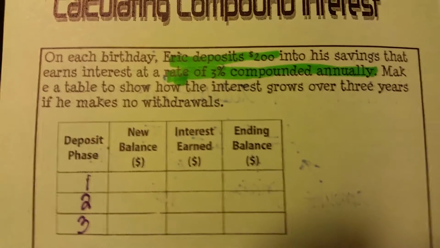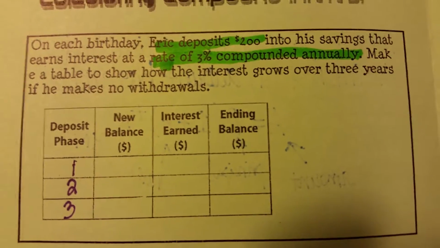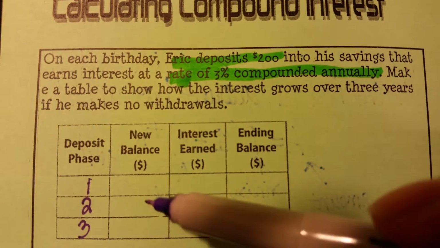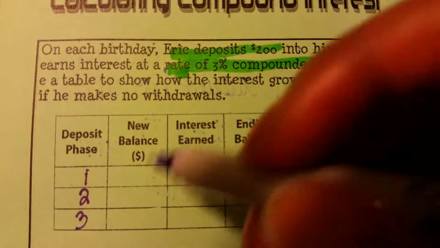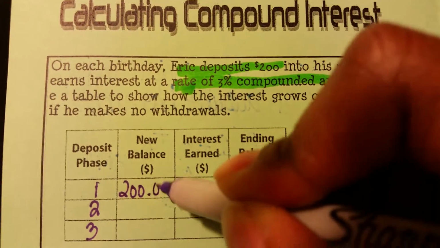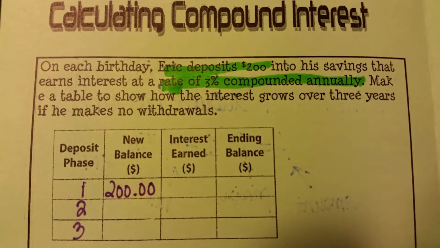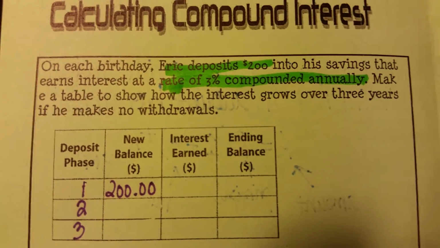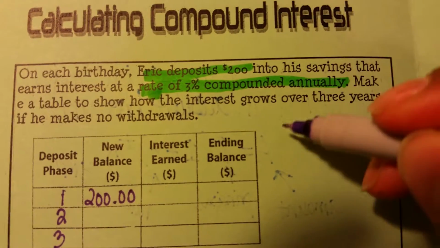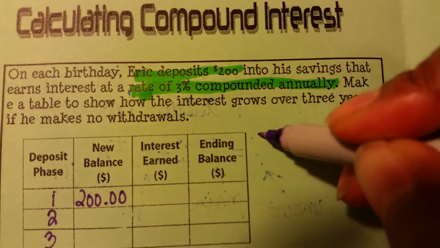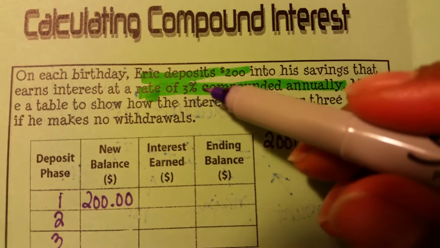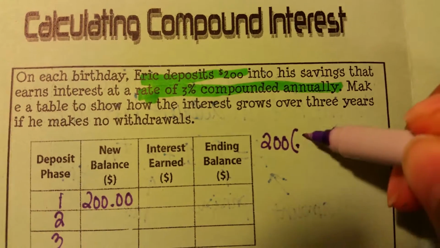We're going to make 3 deposits. Our first deposit, our new balance here, would be $200. That's the amount that he started out with. Now we need to figure out how much interest he's earned here. So we're going to do 200 times our rate, which would be 0.03.